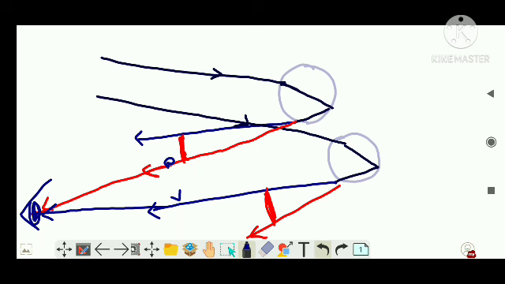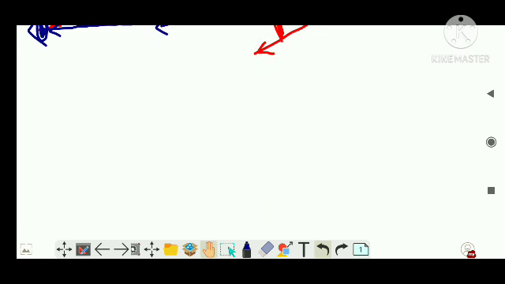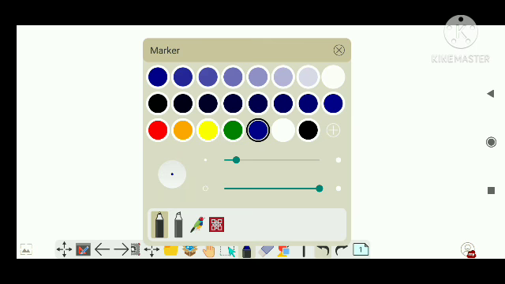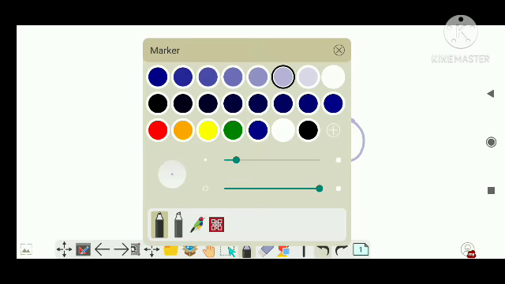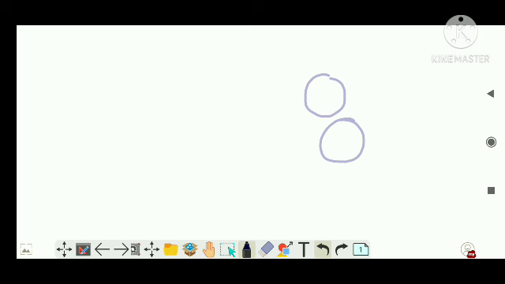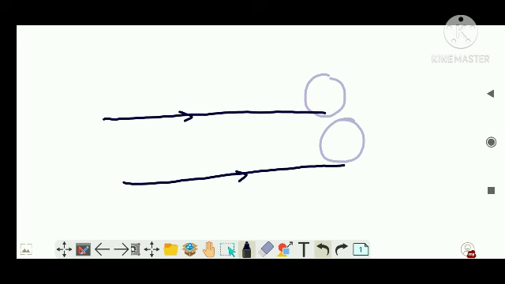Now I told you there is another case of secondary rainbow also. Again we have to draw that. This is a different phenomenon, guys. So there are two water droplets. Let's say they are close to each other. Now let's say this is the incident one, and here also incident sunlight. Sunlight is a black one.